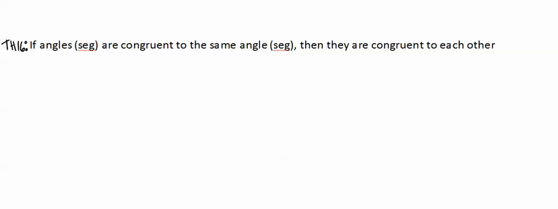And that brings us to our first theorem in this section. If angles or segments are congruent to the same angle or segment, then they are congruent to each other. Think of it this way.